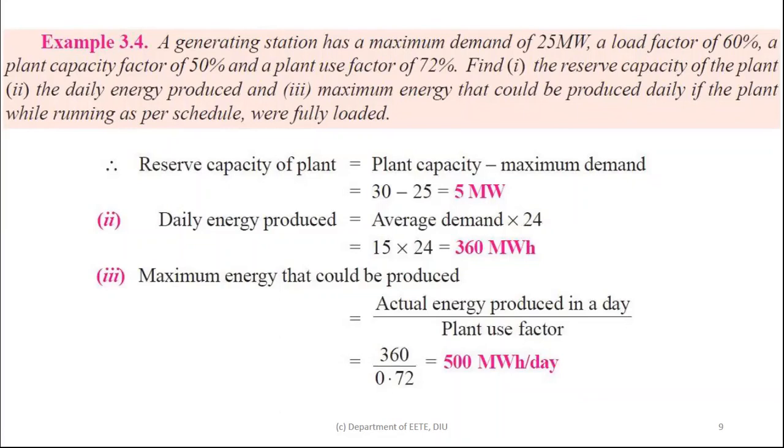Last, the maximum energy that could have been produced daily if the plant was running as per schedule. The phrase 'as per schedule' is a clue for the use factor. What is use factor? It means how much capacity we have used. Suppose I have the capacity of pulling 20 kg, but right now I am pulling 5 kg.